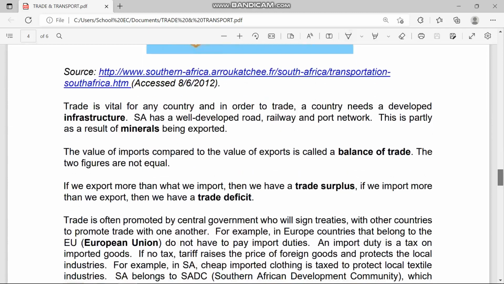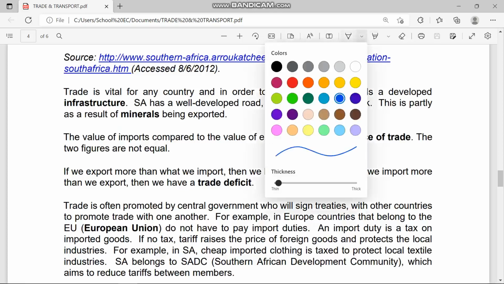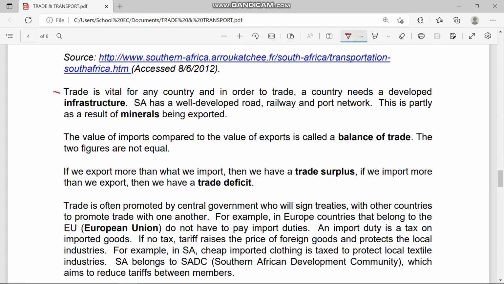Okay, let's talk about trade right now. Trade is vital for a country, and in order to trade, a country needs a developed infrastructure, as I said to you.